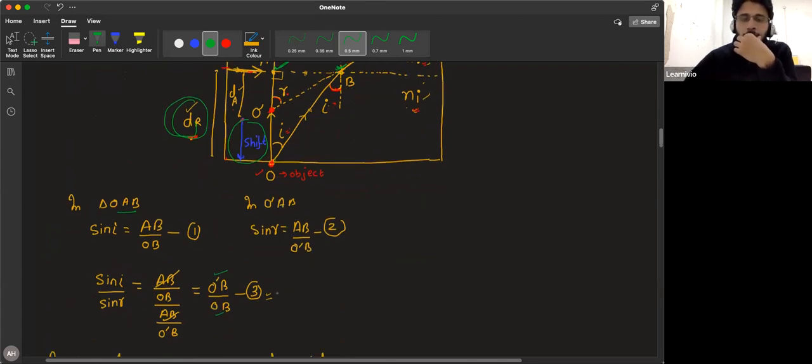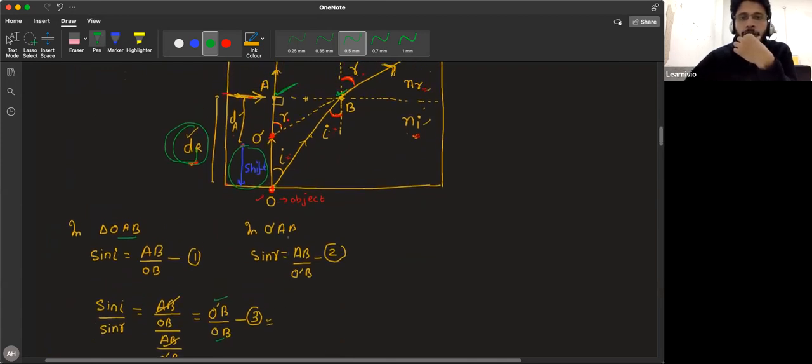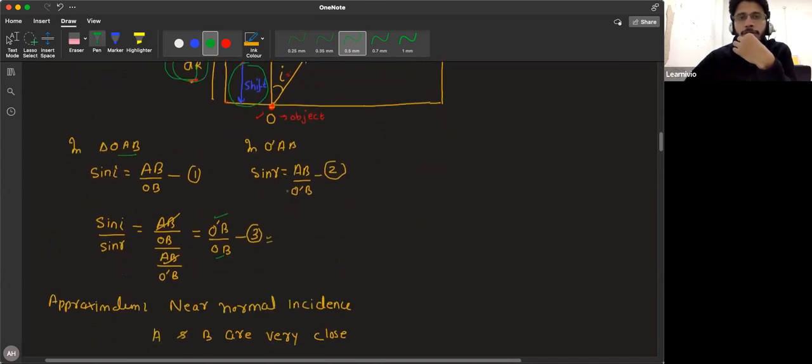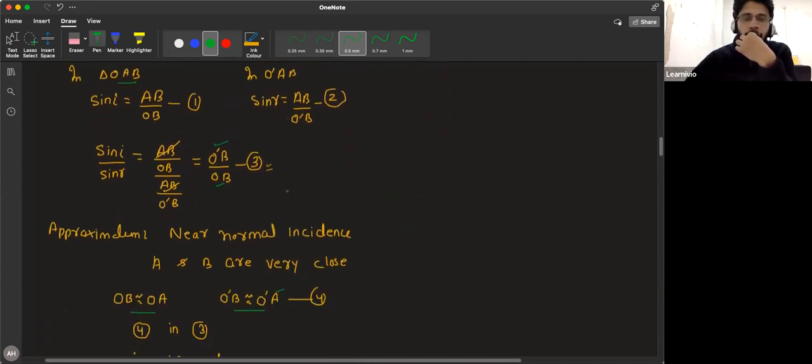Then take another triangle, which is O prime AB. What is perpendicular in this triangle? AB is the perpendicular and O prime B is the hypotenuse.